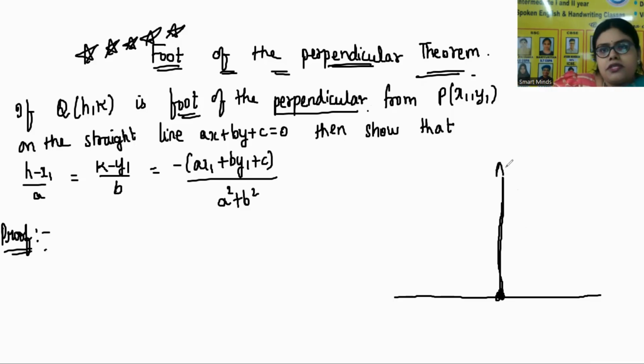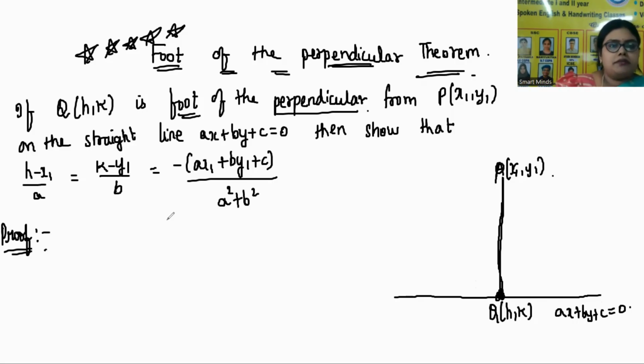Now suppose this is P(x1, y1), and this is Q(h, k). And this line is ax + by + c = 0. This is the line equation.